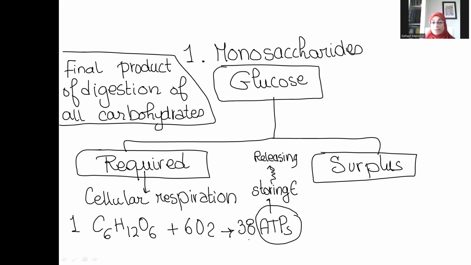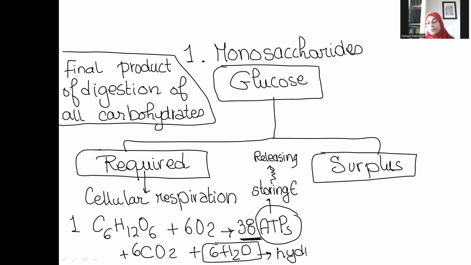But unfortunately, in addition to our purpose from cellular respiration, which is getting ATP from glucose, we also obtain 6 molecules of carbon dioxide and 6 molecules of water. Of course, as you know, water is not a harmful product. Water is beneficial in the body. For example, water is used for hydrolyzing substances in chemical digestion.